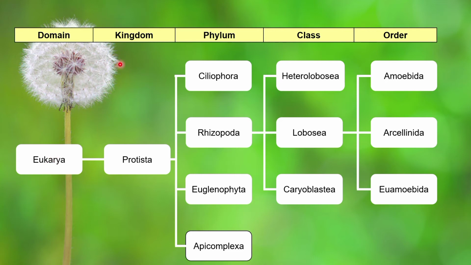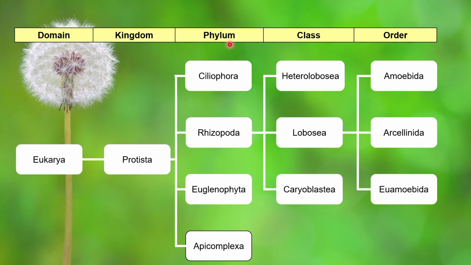Next, the kingdom of protozoa is Protista. Kingdom Protista is made up of organisms with eukaryotic cells, either unicellular, colonial, or simple multicellular forms. These organisms are widespread in aquatic and damp habitats, and are either autotrophic, heterotrophic, or parasitic.